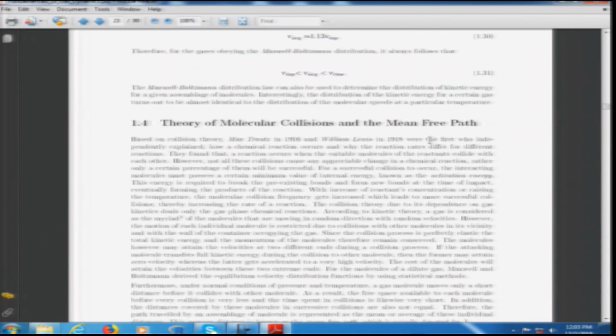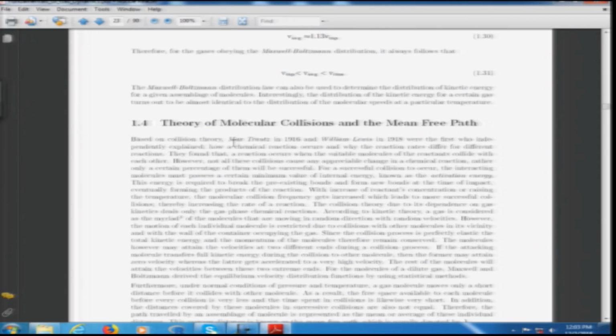Now look at this: since gases interact with each other and the temperature varies, from the chemistry point of view we know that when the gases interact, they form products.